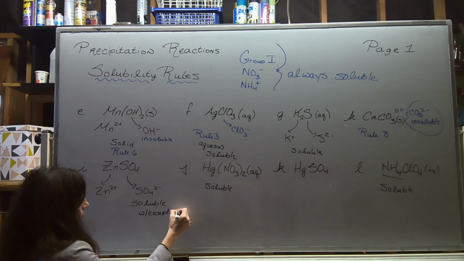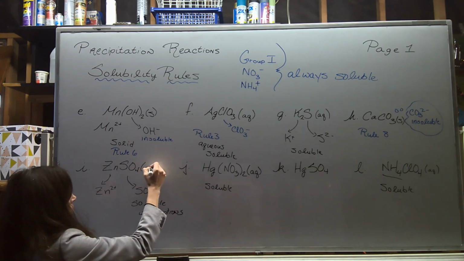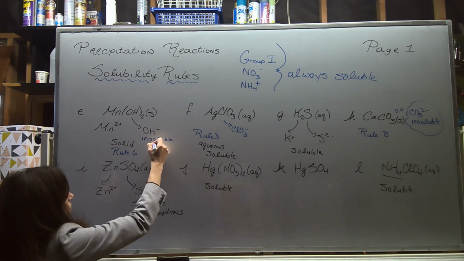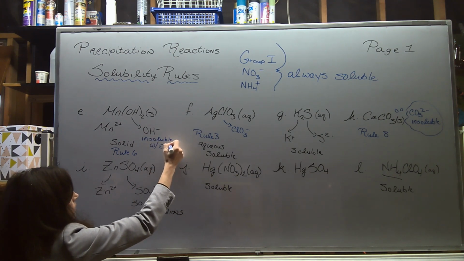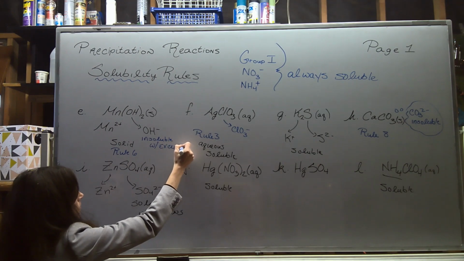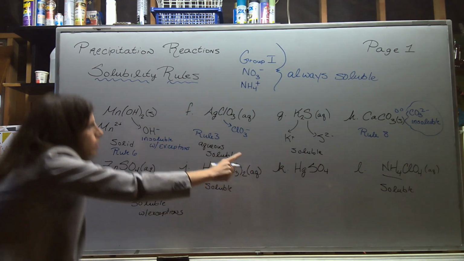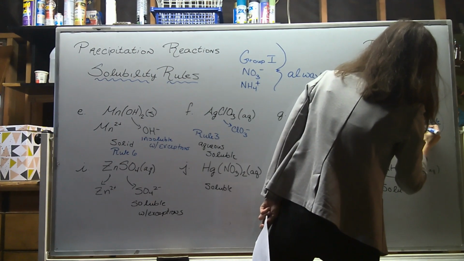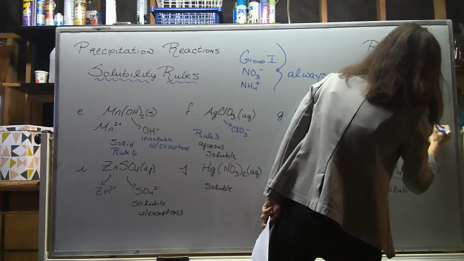Zinc is not one of the exceptions. And I should do that on the other ones too, just in case, so your notes are complete. Insoluble with exceptions. And the other one, this one, insoluble with exceptions.